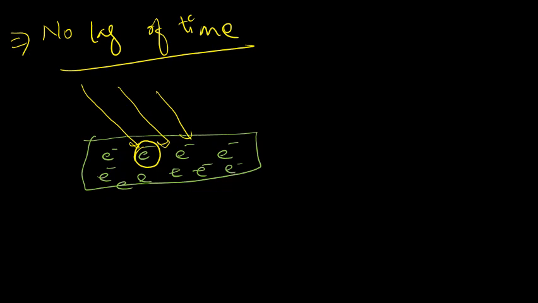This can only be explained when we consider Einstein's photoelectric effect, that incident light consists of photons of energy h mu. The energy of a photon is not distributed over an area as in the case of wave theory.